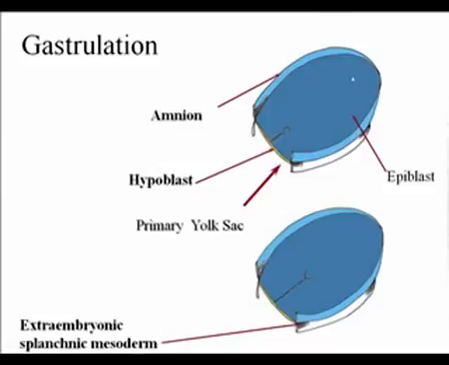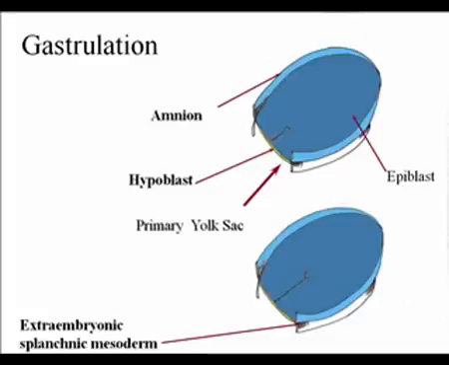We see the epiblast, here's the cut end of the amnion, and cut right here is the hypoblast underneath. The hypoblast is yellow, and underneath that would be the yolk sac.